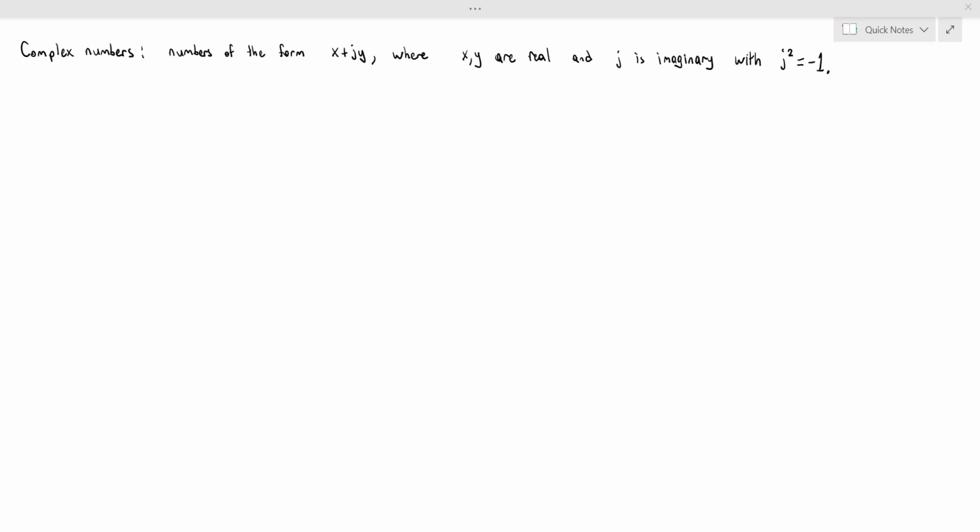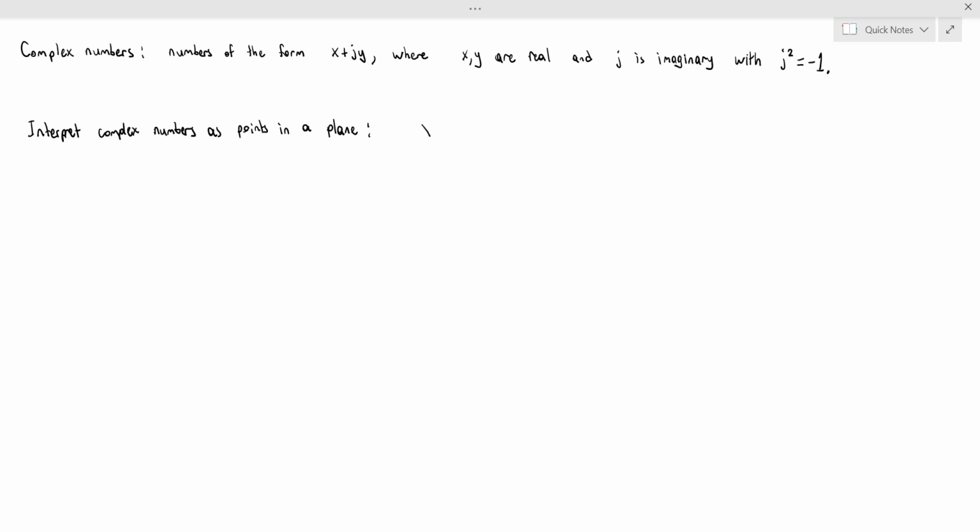So what finally led to complex numbers gaining general acceptance is when they were interpreted as being points in the plane.